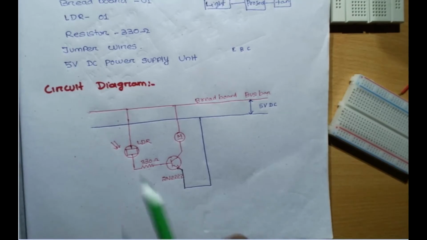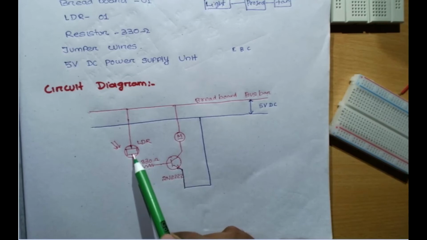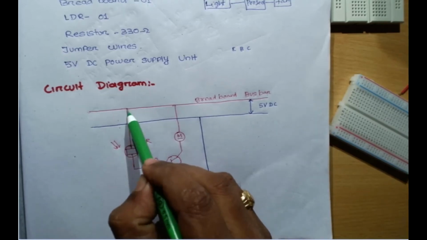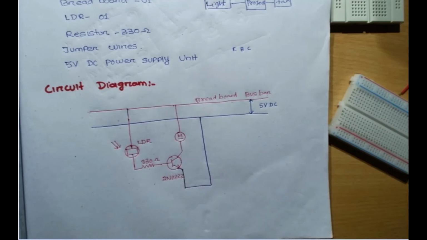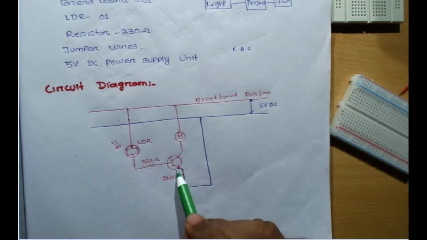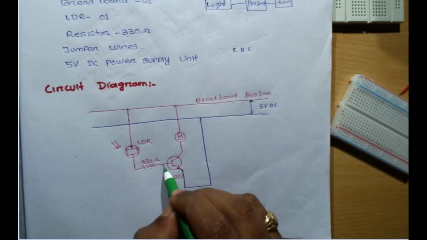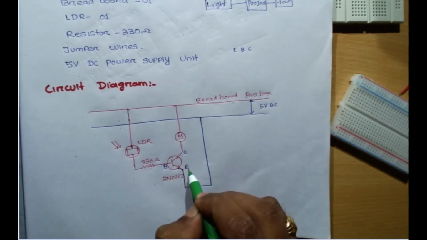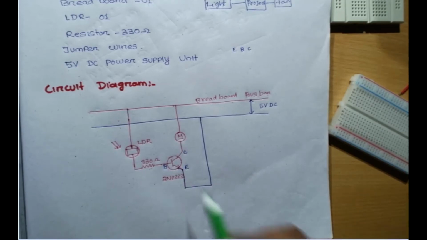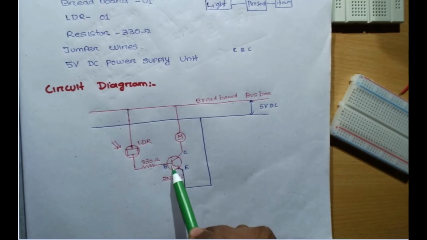This LDR and this resistor are connected in series, which means this LDR gets 5 volt from this 5 volt bus bar of the breadboard, then is connected to the resistor, then is connected to the base of the transistor. This is collector, this is emitter, this is base. That is connected to the base of the transistor.